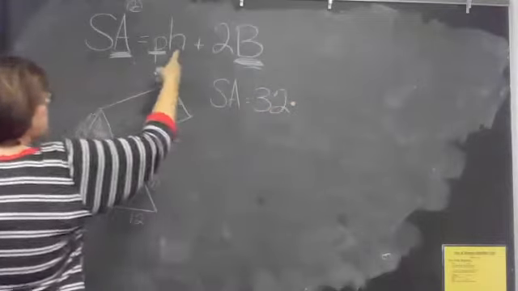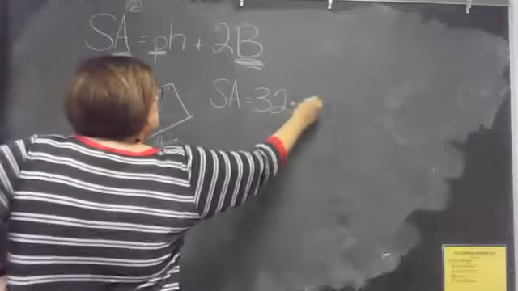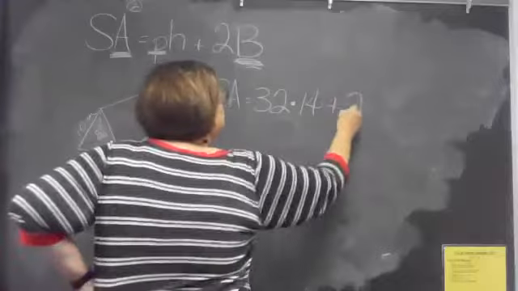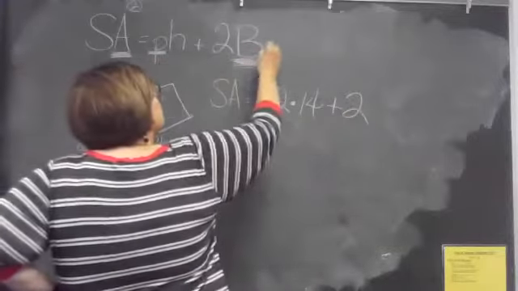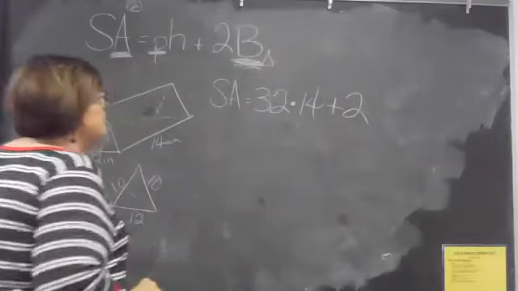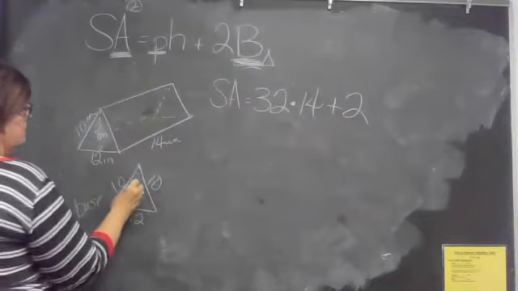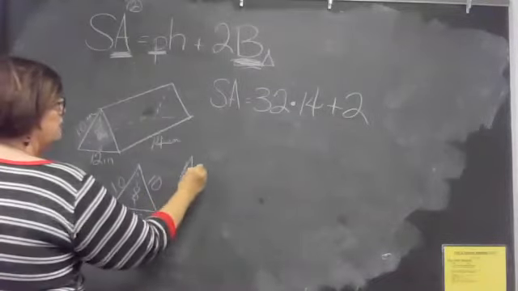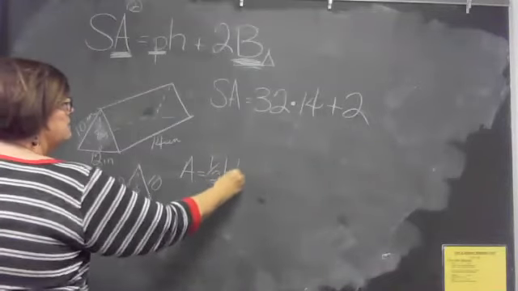Times the height of the prism, 14, plus 2 times the area of the base. Now we found out that the base is a triangle this time. So to find the area of this triangle, I have to take the area of a triangle is 1/2 times the base times the height.